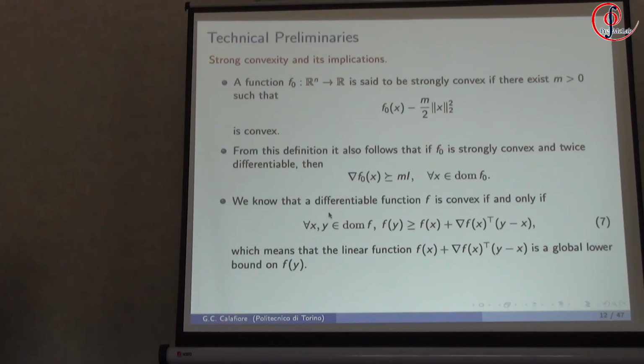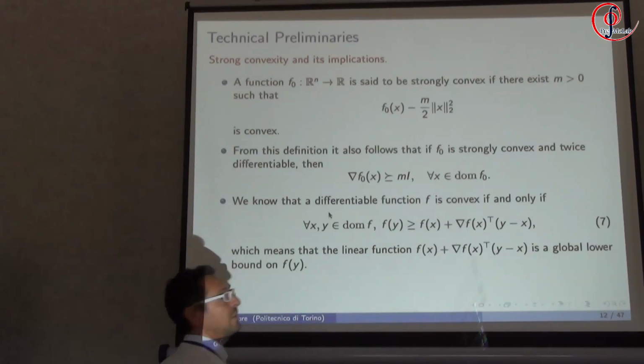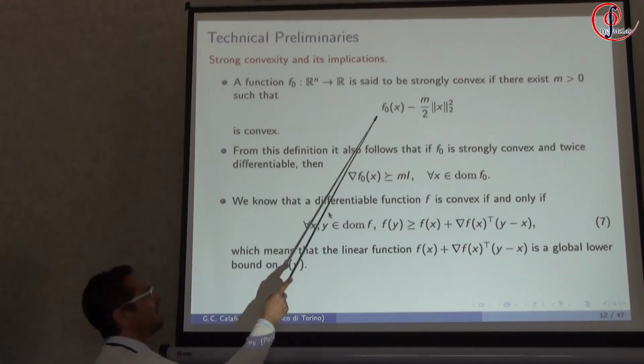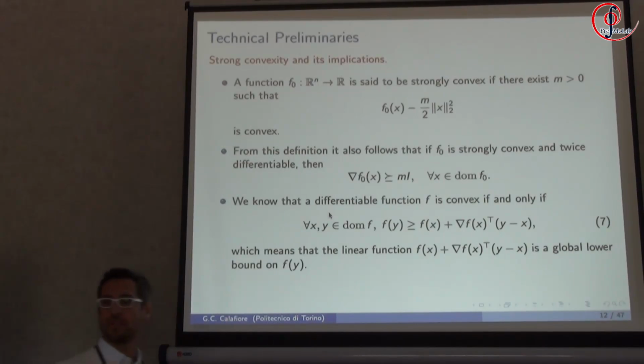So a function is strongly convex when there exists a positive number m such that f minus this term is convex. So of course strong convexity is more than convexity. Okay? It's something stricter than convexity. Although there is also a concept of strict convexity which is not exactly equivalent to strong convexity, but I don't want to confuse too much.